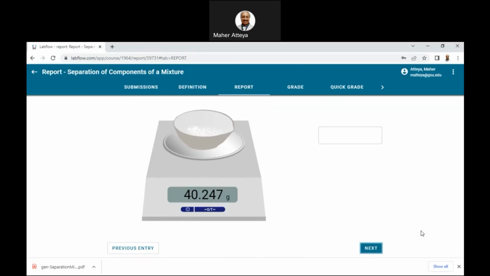I guess this is maybe the crucible number 1 with the sand. So we put 40.242. It does look like sand, yes, that's the sand here.